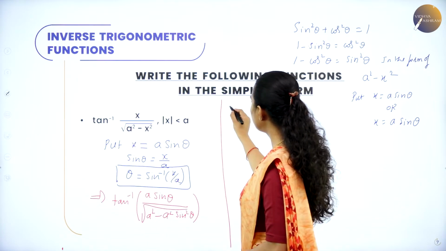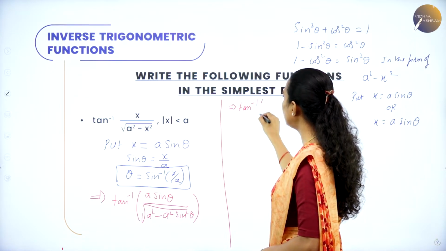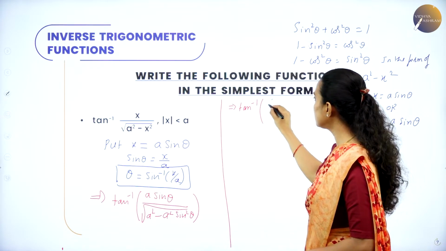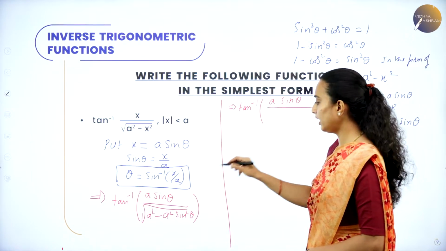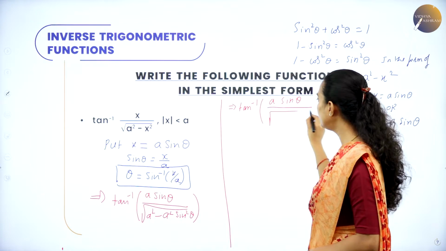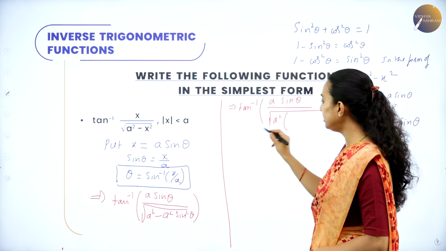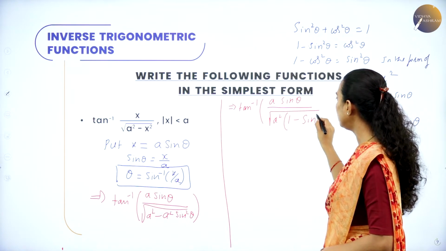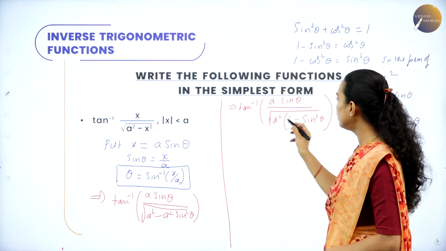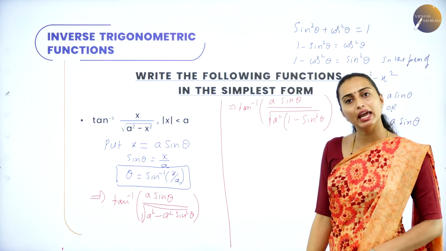Which implies tan inverse of a sine theta divided by under root. You can take a squared common, correct? a squared into 1 minus, what is remaining? Sine squared theta. Correct? If you bring under root outside a squared, under root a squared will be a itself.